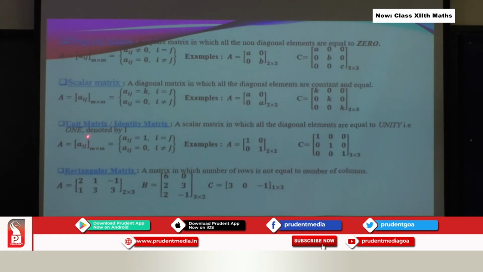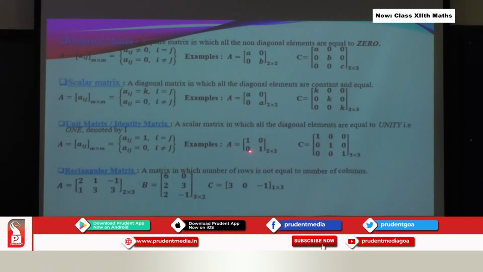Let us proceed further. Unit matrix, or it is also called an identity matrix. Now what does it mean? A scalar matrix in which all the diagonal elements are equal to unity. What does it mean? Unity means 1. The diagonal entry is supposed to be 1. You can see along the diagonal what entries you have? 1. Here you can see along the diagonal what entries you have? 1. And non-diagonal elements are 0.